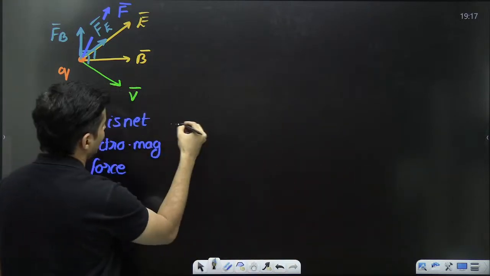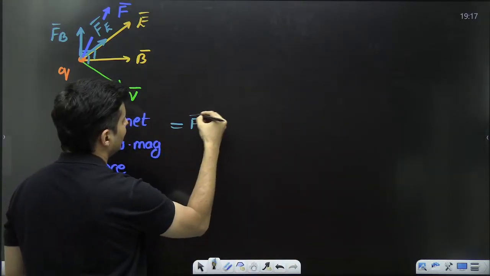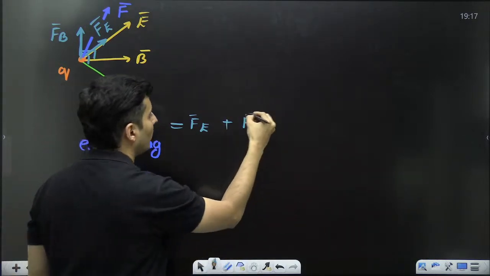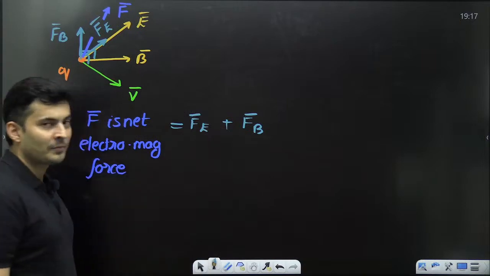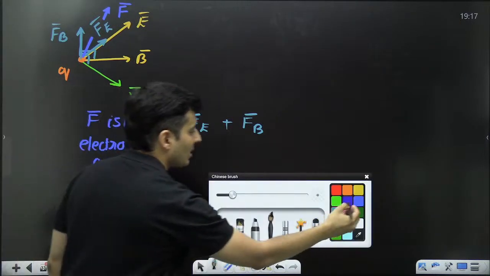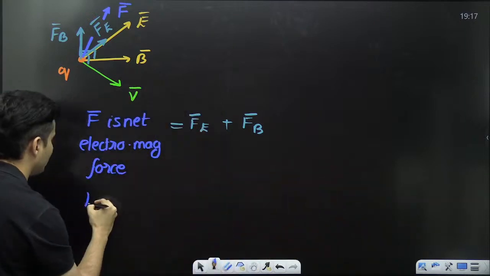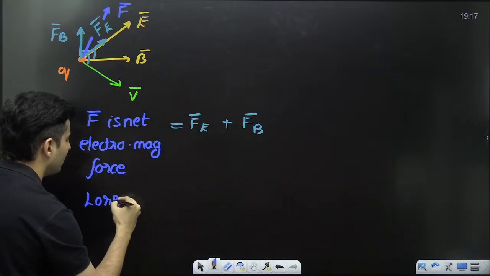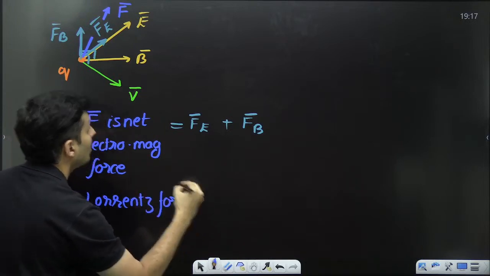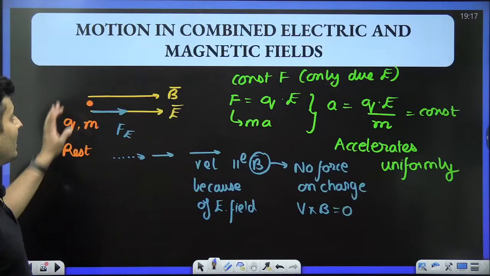It's because of the electric force as well as the magnetic force. Both the forces are into play. And this kind of force is often referred to as the Lorentz force. What is it called? Lorentz force, my dear students. That is very important.